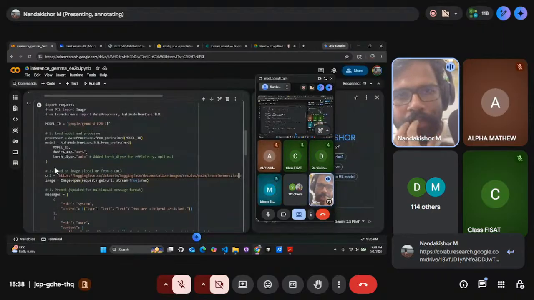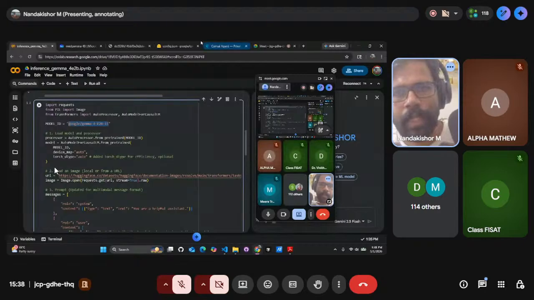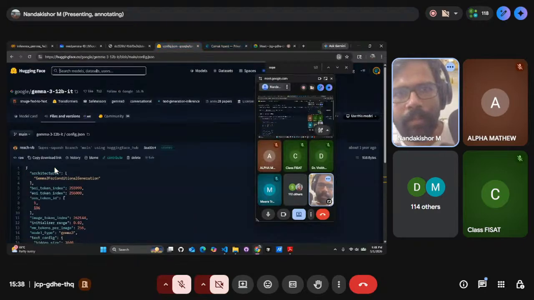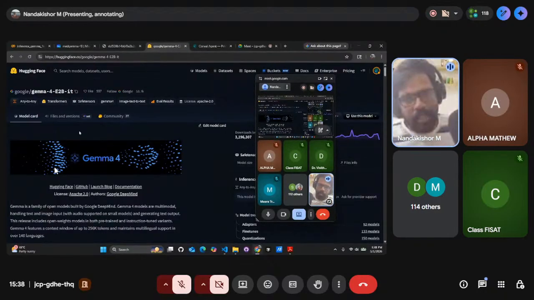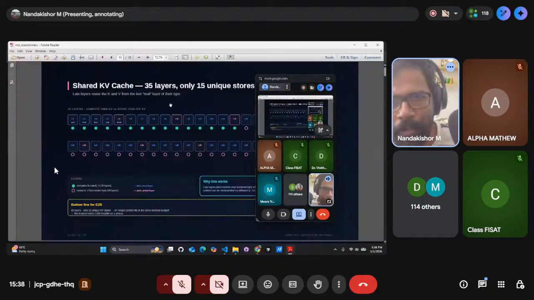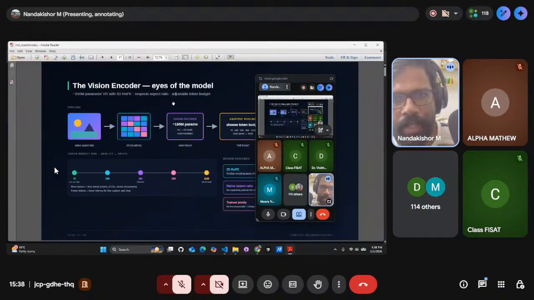So we are using the Google Gemma 4 E2B model. Like I said, Gemma 4 E2B uses a different vision language model: a vision transformer plus a 2D rotary positional encoding. The idea of adding a rotary positional encoding is to get the relative position values so that accuracy increases while reducing the number of parameters of the model.